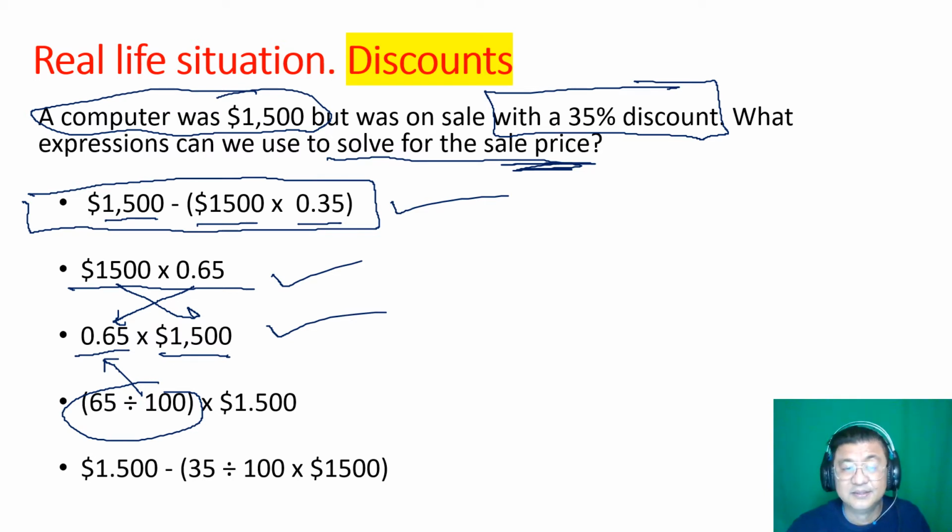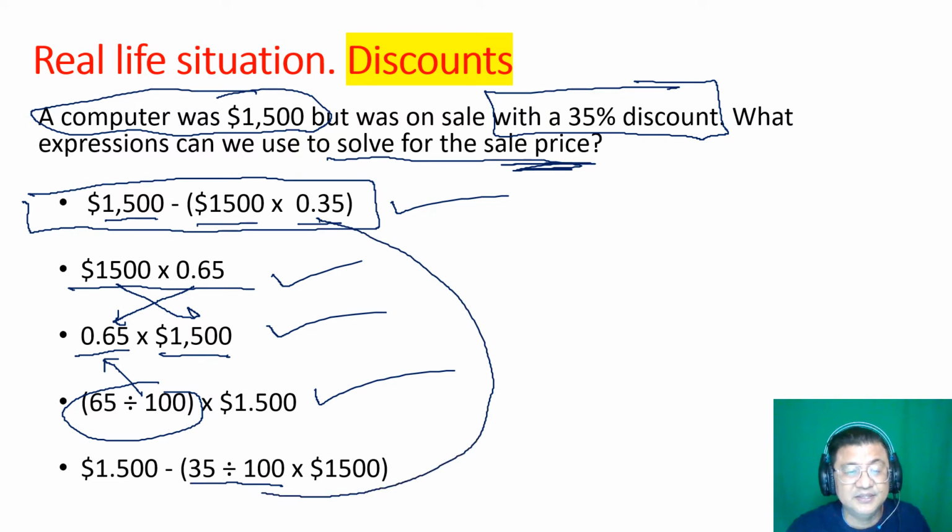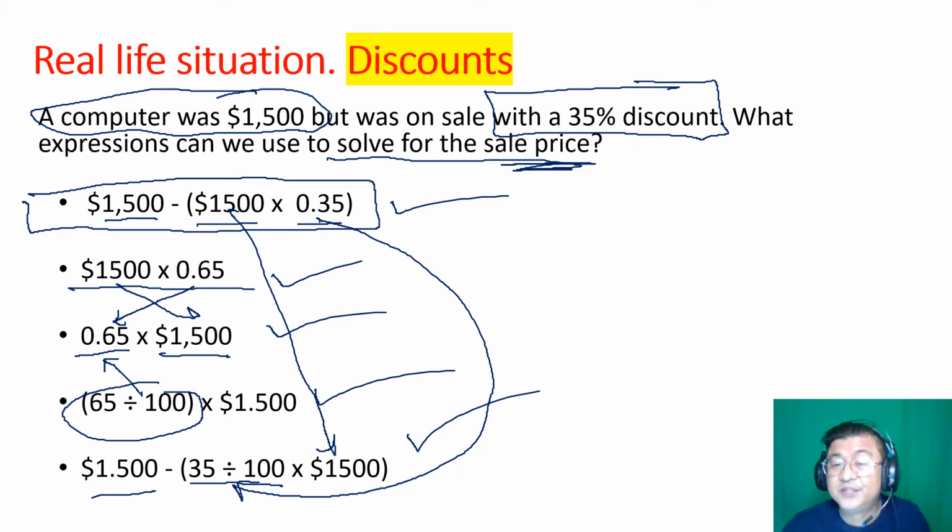Same thing, right? Then multiply by that, so it's the same thing. All right. And lastly, 35 divided by 100 is 0.35. That's the same as this. Multiply by 1,500, that's the same as that, and then subtract it, then you'll get your correct answer. See? Different expressions, but they're all equal.